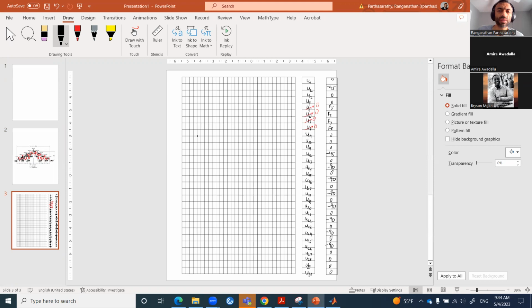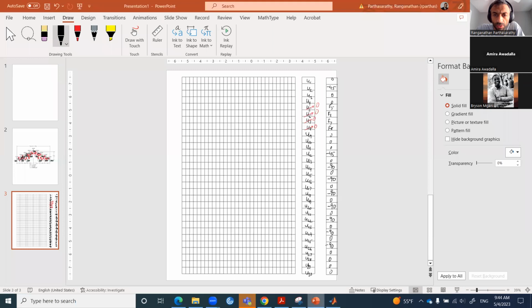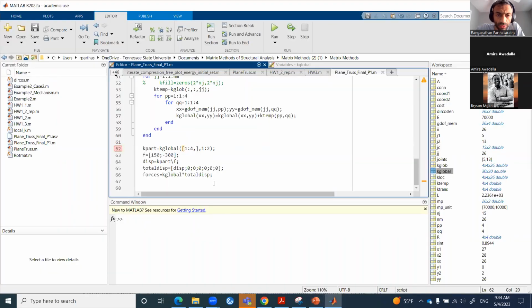Okay, now we will partition the matrix. So 1 to 4 and 9 to 30. The rest are not there, right? So 1 to 4, and 9 to 30.